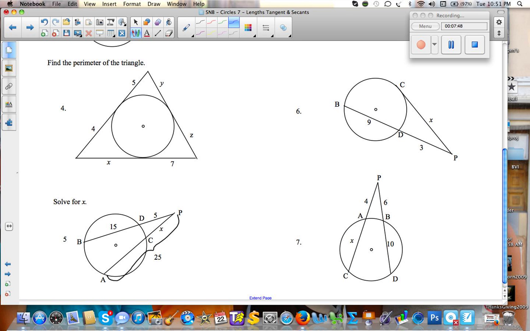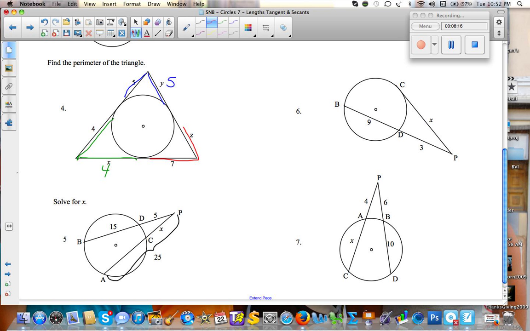So if this segment is 5, then this other tangent from the common point would also have to be 5. And if we looked over here, if we use this common point, we know that this tangent length is 4. That means the x tangent length is also 4. And lastly, we have this tangent, which is 7 from a common point, so z must also be 7.